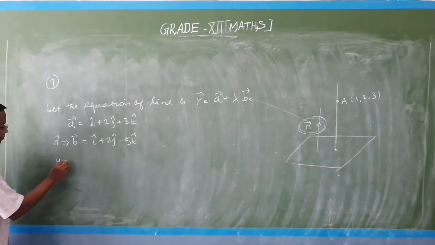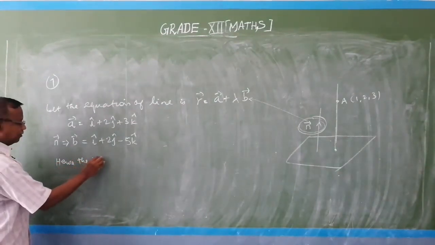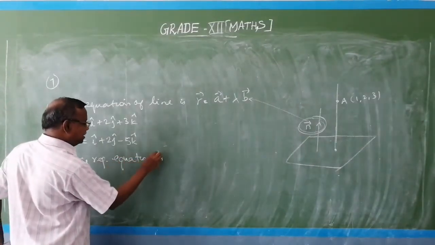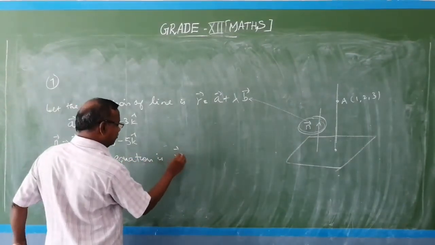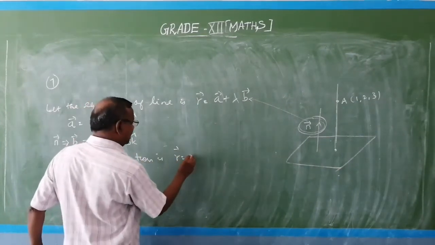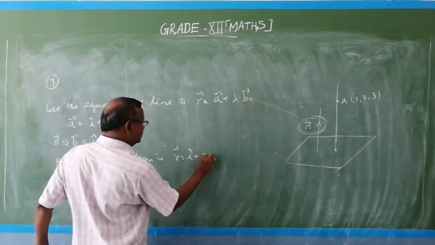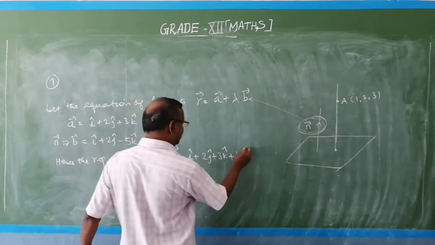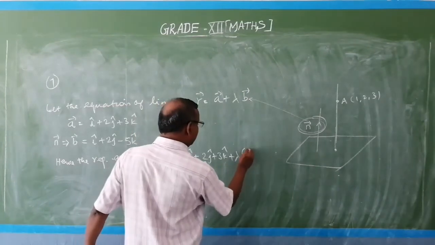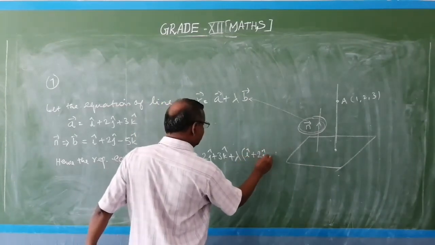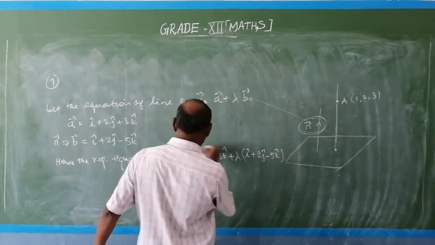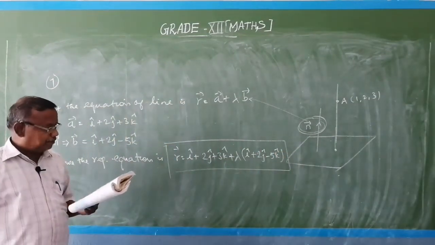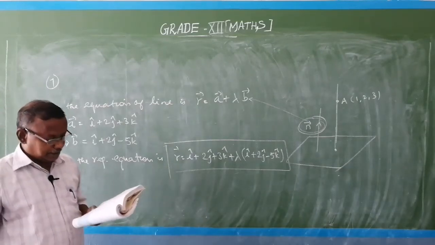Hence, the required equation is r vector equal to i cap plus 2j cap plus 3k cap plus some scalar lambda into i cap plus 2j cap minus 5k cap. So, this is the required vector equation. They asked only for the vector equation, therefore this is the answer.